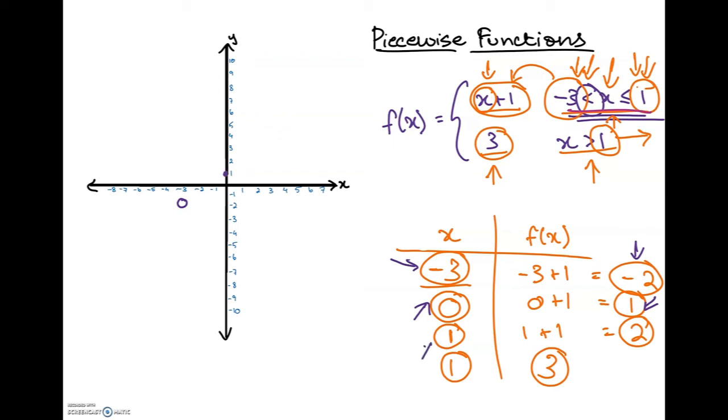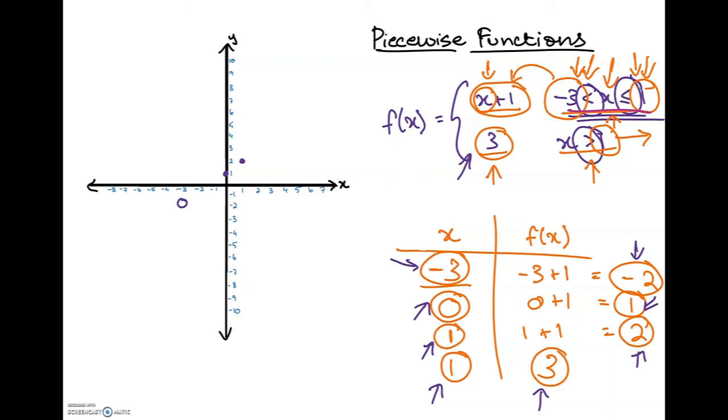Our next point is (1, 2). As you can see by our top interval, x is less than or equal to 1, so we are going to fill in that circle. So we're going to plot x as 1 and y as 2 and fill in that circle. Now when we go to the next part of our piecewise function, which is the point (1, 3), we have a jump. x is 1, but y isn't 2 because the bottom part says x is greater than 1, so we're not going to include this point, if that makes any sense.